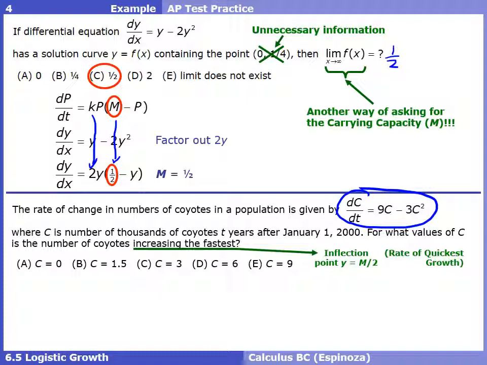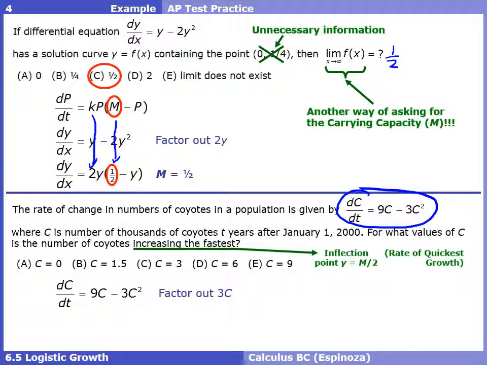This logistic growth differential equation is not written in its proper form, where we want Kp times m minus p, or in this case, the p is a capital C. So just like the last problem, but this one's a little bit easier, we need to factor out a c from both of the terms, but luckily the constant is easier to identify here.